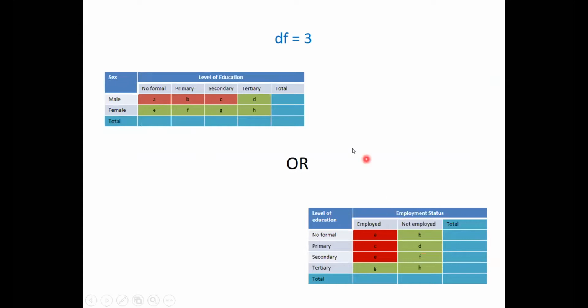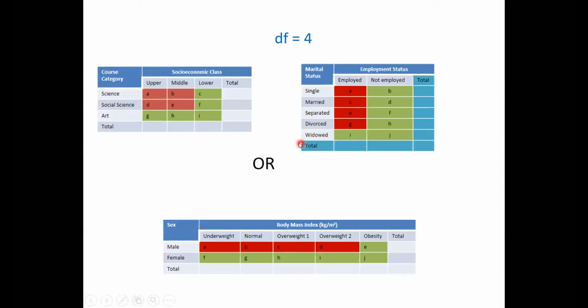For 3 degrees of freedom, 2 possible ways also: 4 rows, 2 columns, or 2 rows, 4 columns. Degree of freedom of 4, there are 3 scenarios: 3 rows, 3 columns, or 5 rows, 2 columns, or 2 rows, 5 columns.